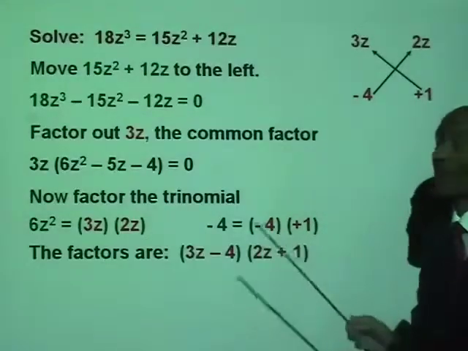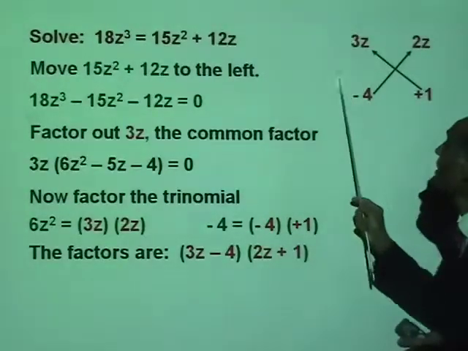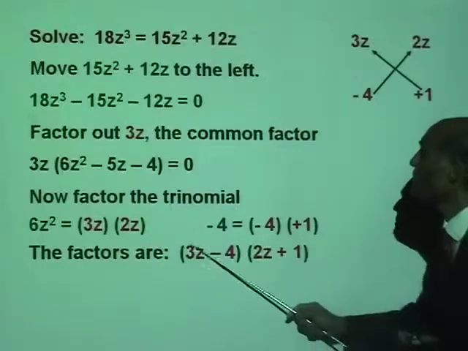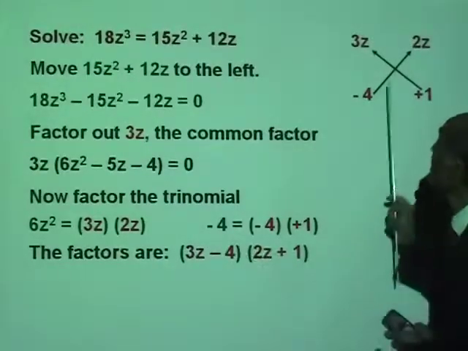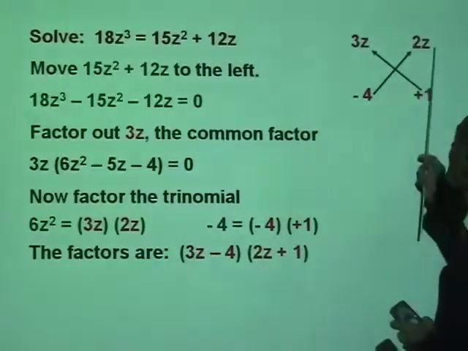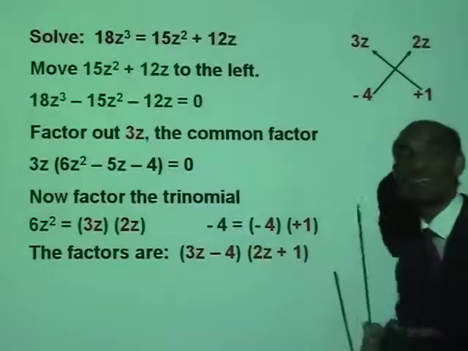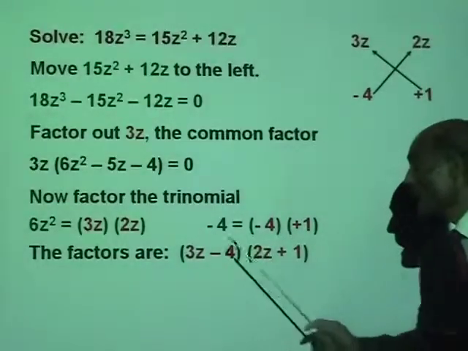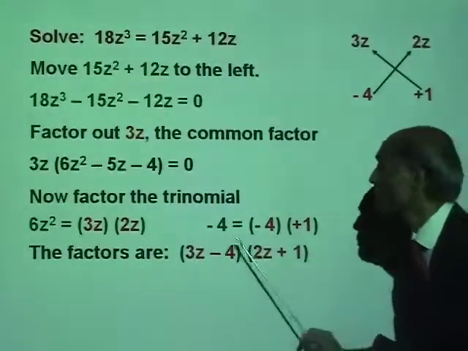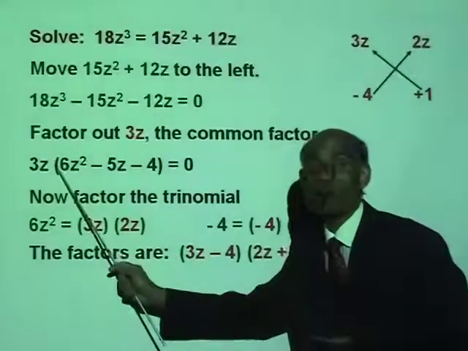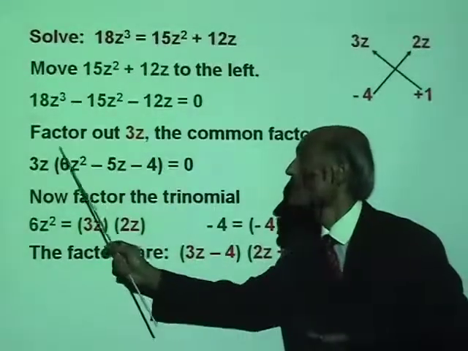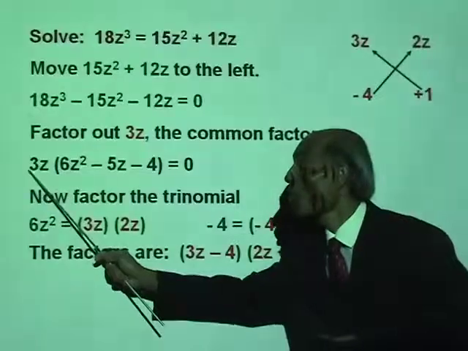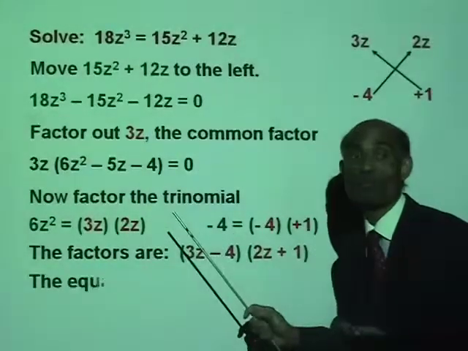And so what are the factors? The factors are 3z minus 4 is the first factor, and 2z plus 1 is the second factor. And these two factors are the factors of this trinomial. And therefore the whole equation now becomes what?